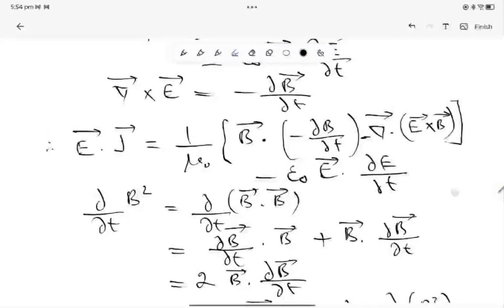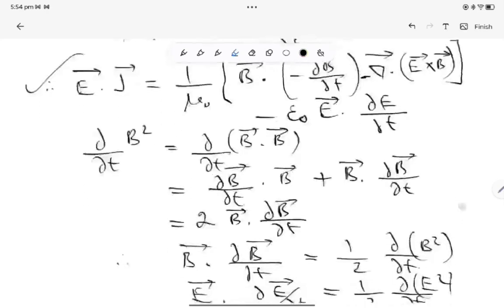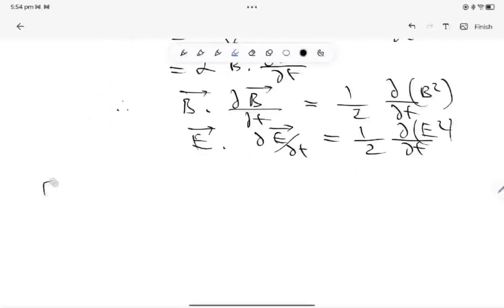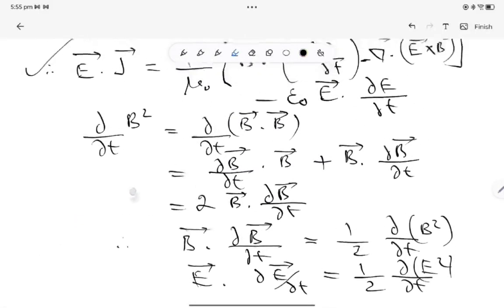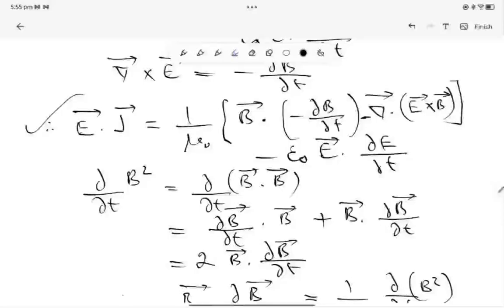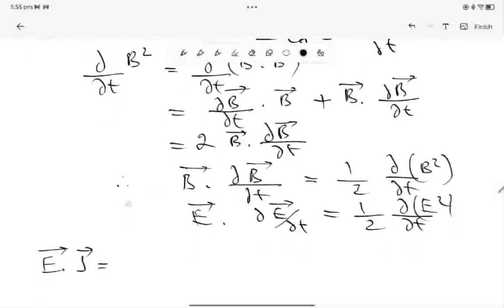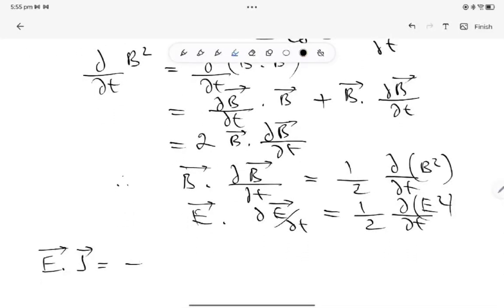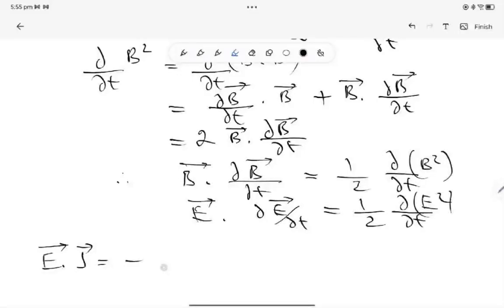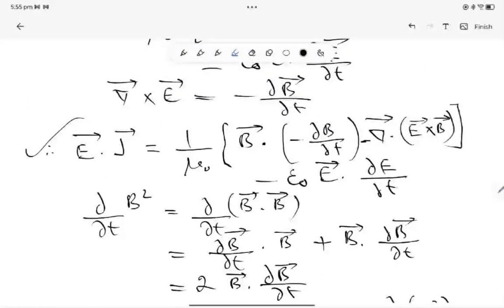Using these results in this equation for E dot J, we get E dot J is equal to 1 by mu naught, minus, this minus we will take outside, B dot del B by del t, that is 1 by 2 del by del t B square. Then we have minus.